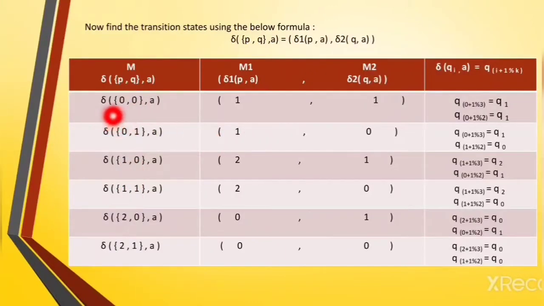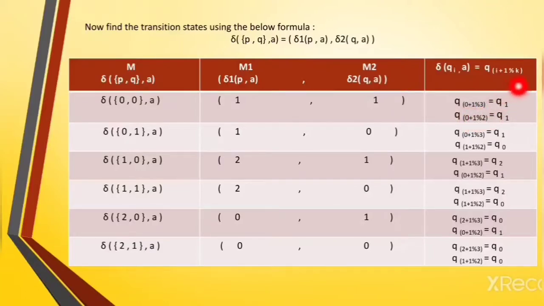The first state is 0,0, that is delta of (0,0), a, which equals delta 1 of p comma a. Here p means 0 and a means the input alphabet. Delta of 0, a, we get the output as 1. How? We use this formula, where qi is 0 and a is the input alphabet: q of (i plus 1) mod k, that is 0 plus 1 mod 3.